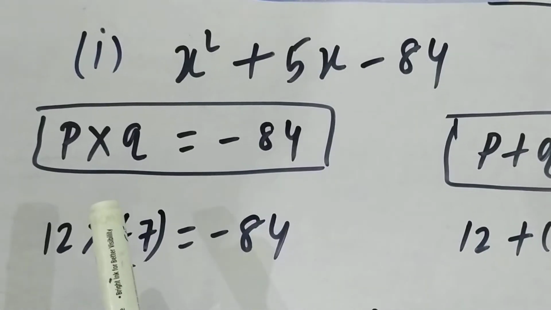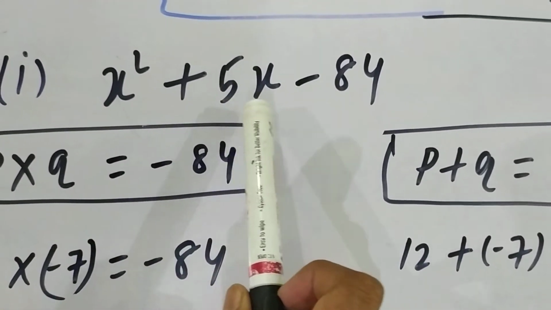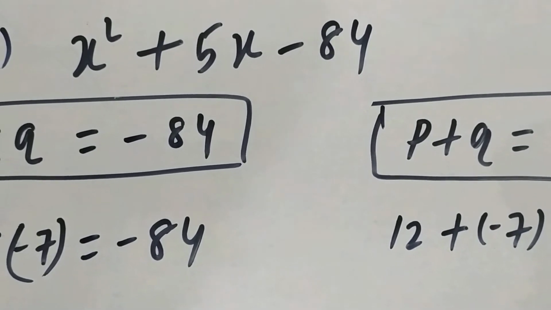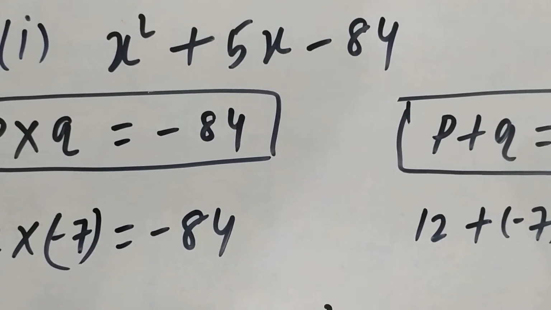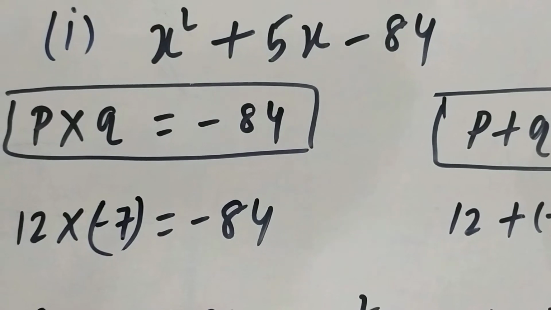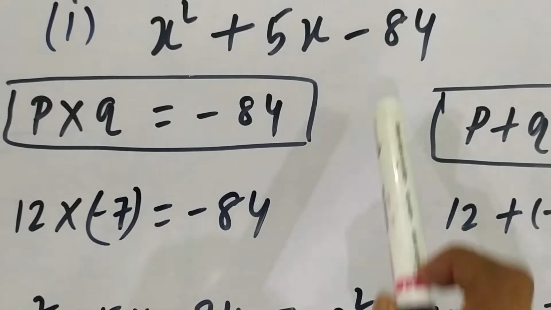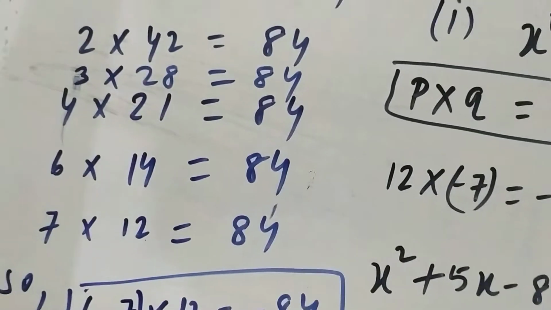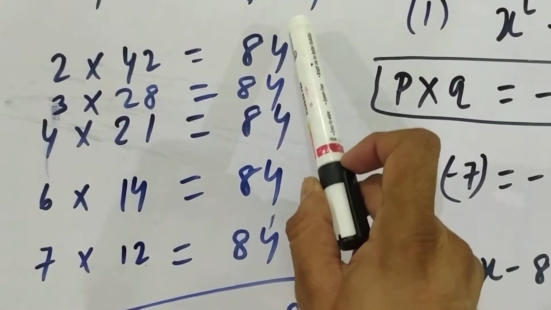So I am writing x square plus 5x minus 84. Dear students, first step, write the factors of 84. You already know how to calculate the factors of 84, so I have written here the factors of 84.